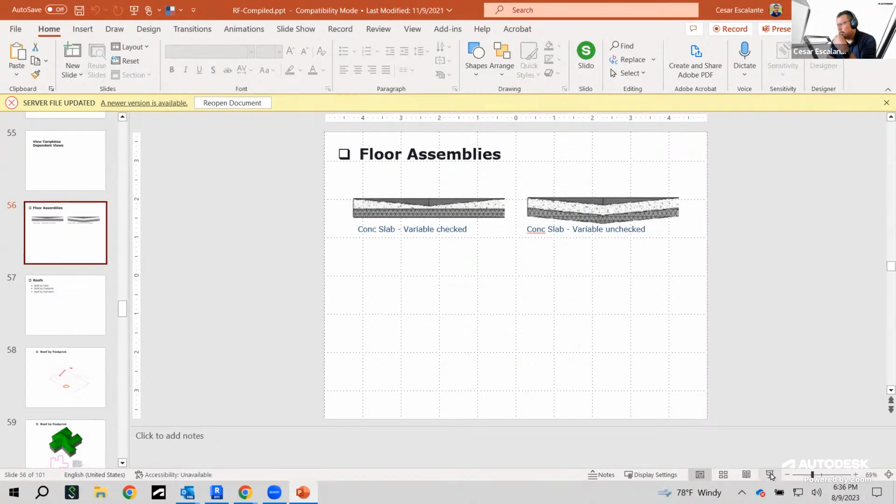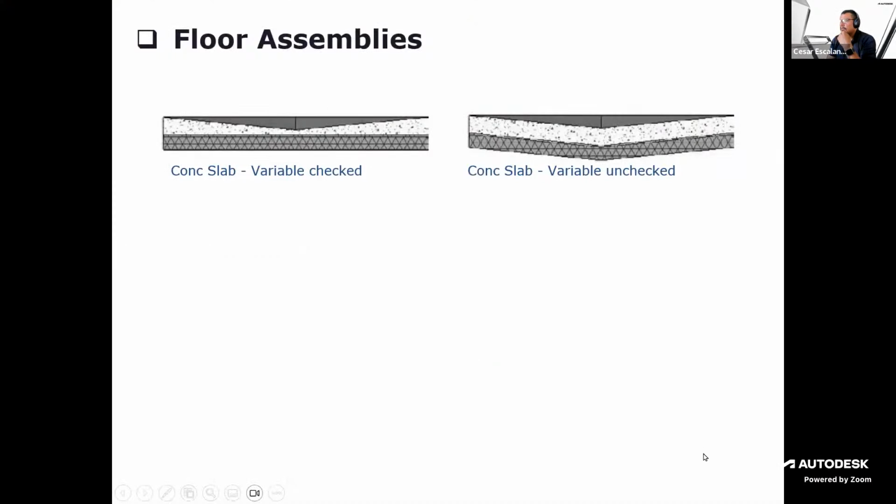So when you have assemblies that slope, you can apply sloping surfaces. When we talk about floors, the floor that we did for the middle house is a flat floor. But you can also assign sloping factors.